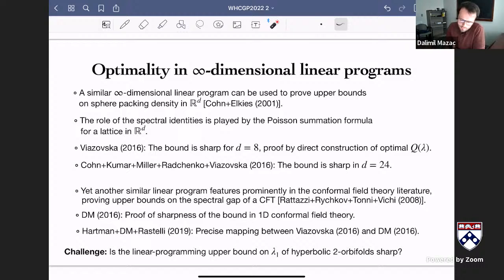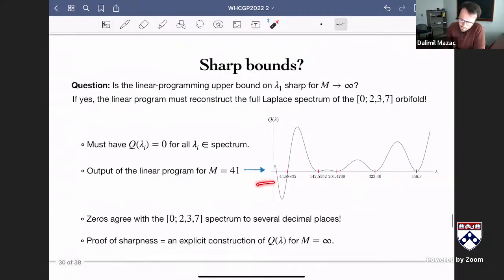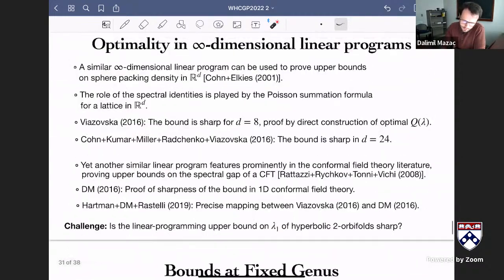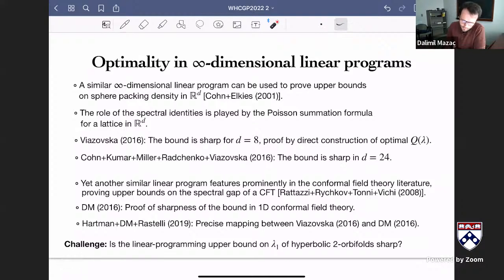So she proved that this linear programming bound is exactly saturated by the E8 lattice in 8 dimensions by directly constructing the optimal Q of lambda, or the analog of this function Q of lambda in the case of the Poisson summation formula or from the Cohn-Elkies context. And then with some collaborators, she found a similar saturation in 24 dimensions, in which case the optimal packing corresponds to the Leech lattice.